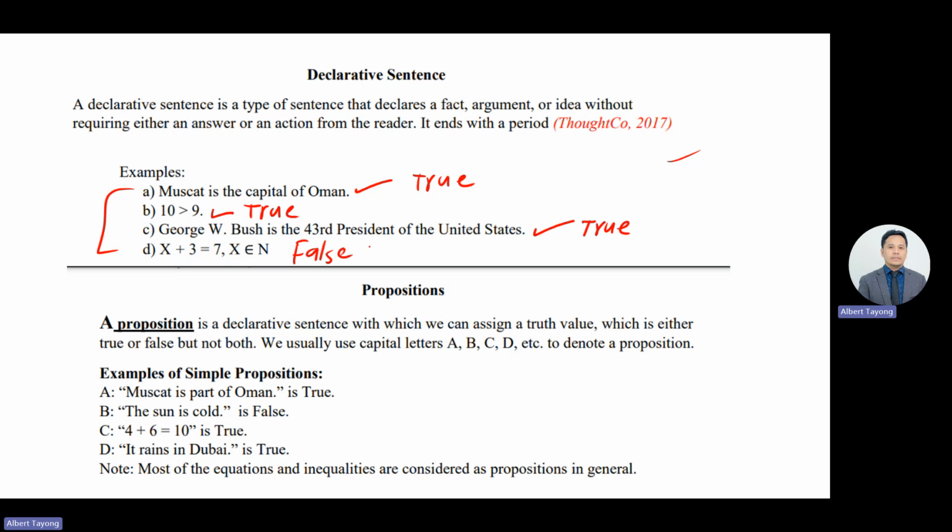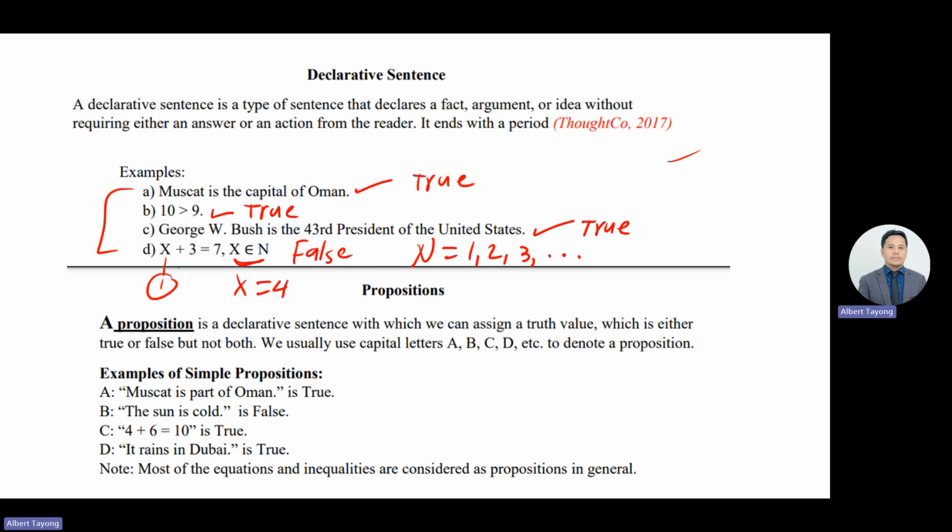It is false because we mentioned here that for every natural number, starting from 1 until infinity, or counting number. So if you're going to use 1, for example, here, it's equal to 4. It's not equal to 7, so it is false. But if we're going to say x is equal to 4, then this particular statement is going to be true.